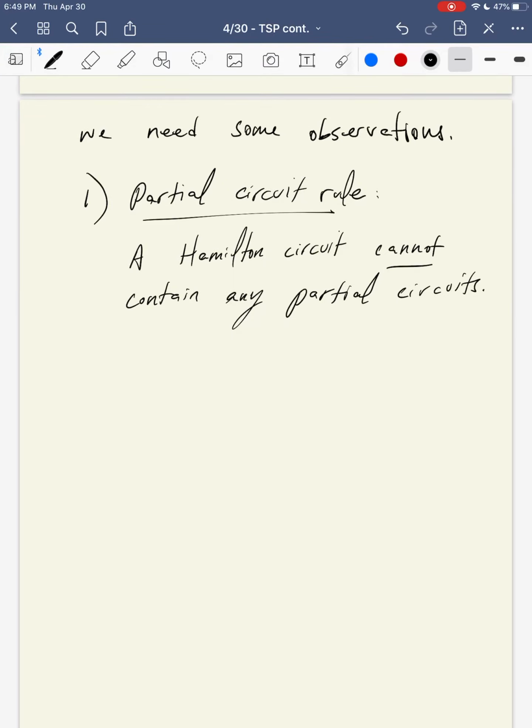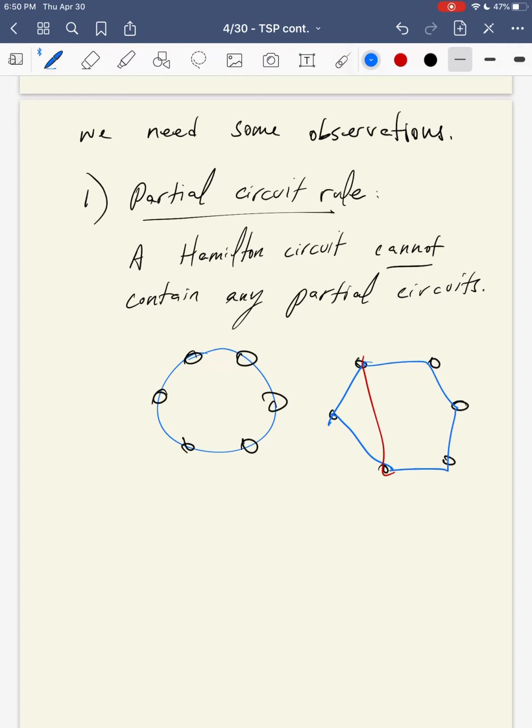If this is our Hamilton circuit here, around vertices like that, then this is definitely not a Hamilton circuit. So we'll go over there, and then over there, and then this one, and this one. So this is what we call a partial circuit. It's like a circuit inside the bigger circuit.